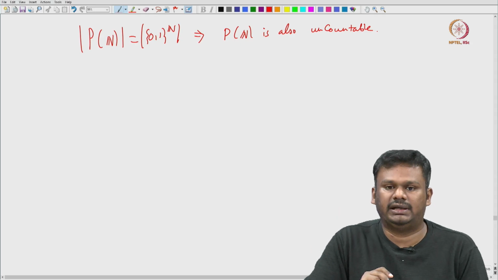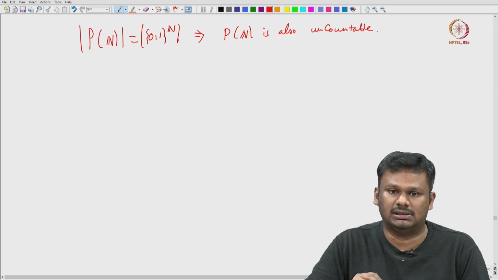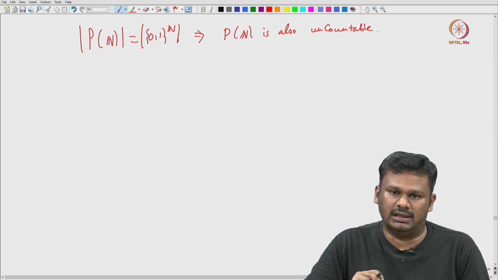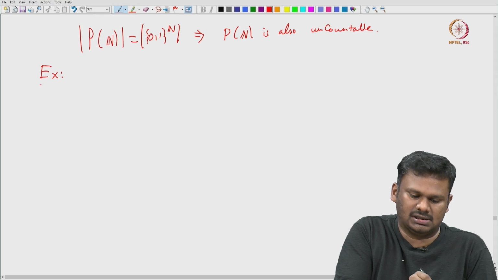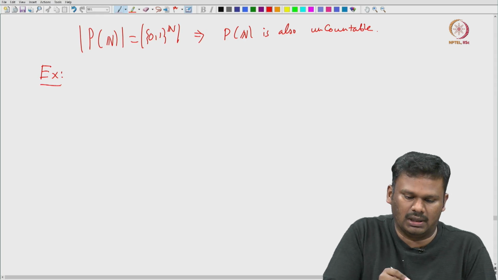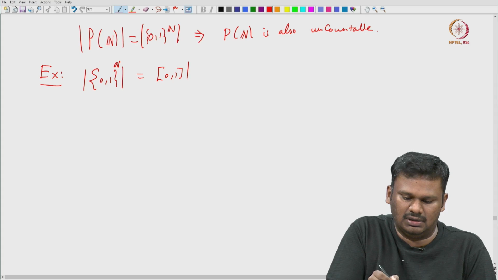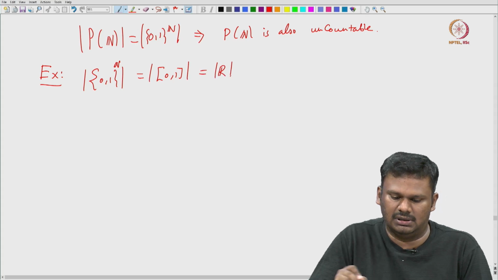And it is not difficult to actually prove that the cardinality of this 0 comma 1 power N is same as the cardinality of the closed interval 0 comma 1 and the cardinality of the real numbers. So, maybe I will leave it as an exercise. I will just outline how one can go about it. The cardinality of 0 comma 1 power N is same as the cardinality of the interval 0 comma 1 and which is same as the cardinality of the real numbers.